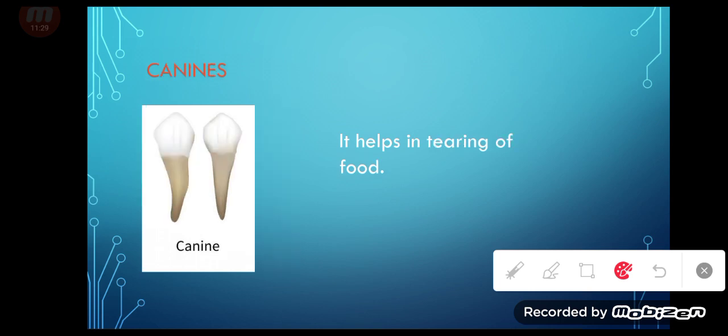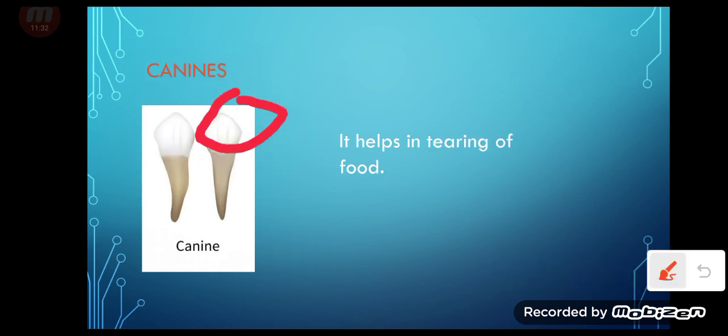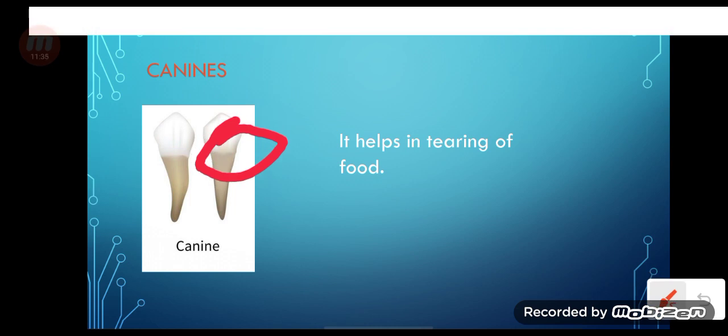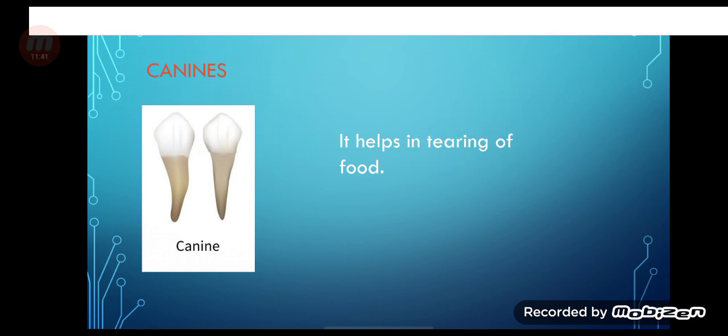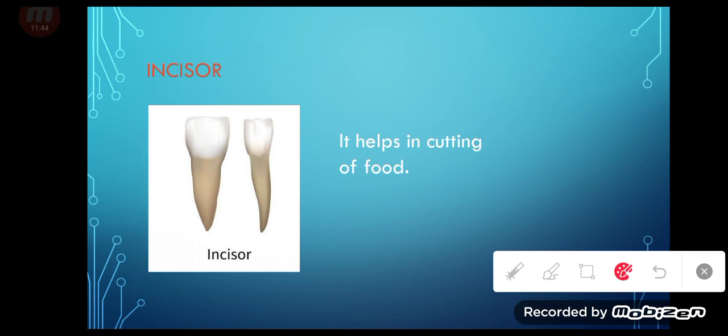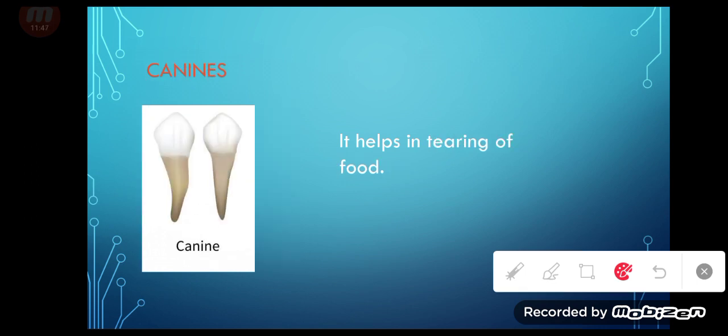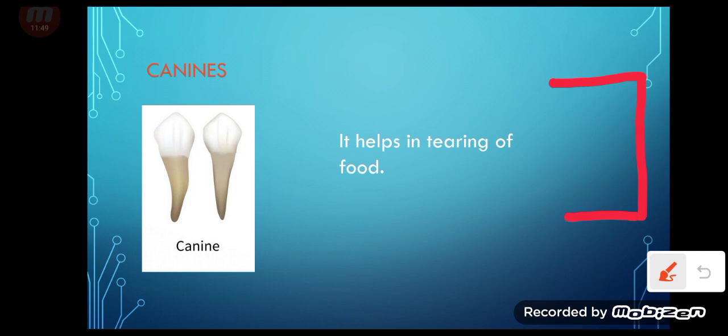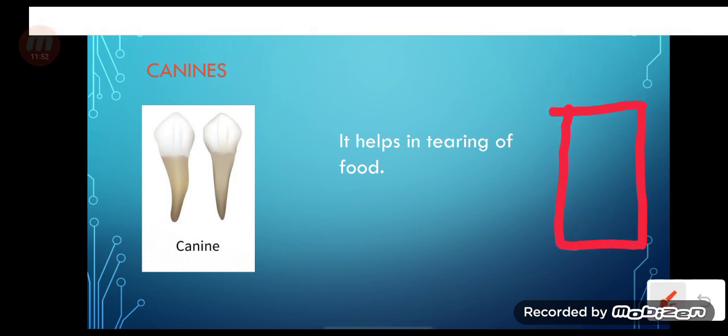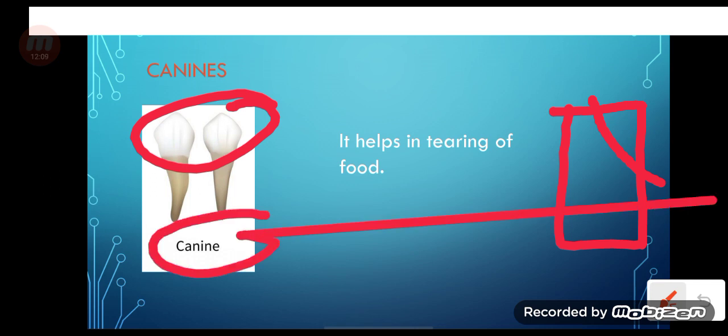Next one is canines. Canines are very sharp, which helps in tearing. For example, when you take a packet of chips, you try to open it with your hands, but sometimes some people try to open it with their teeth. In that situation, these canine teeth are used to tear it. So canines help in tearing of food.